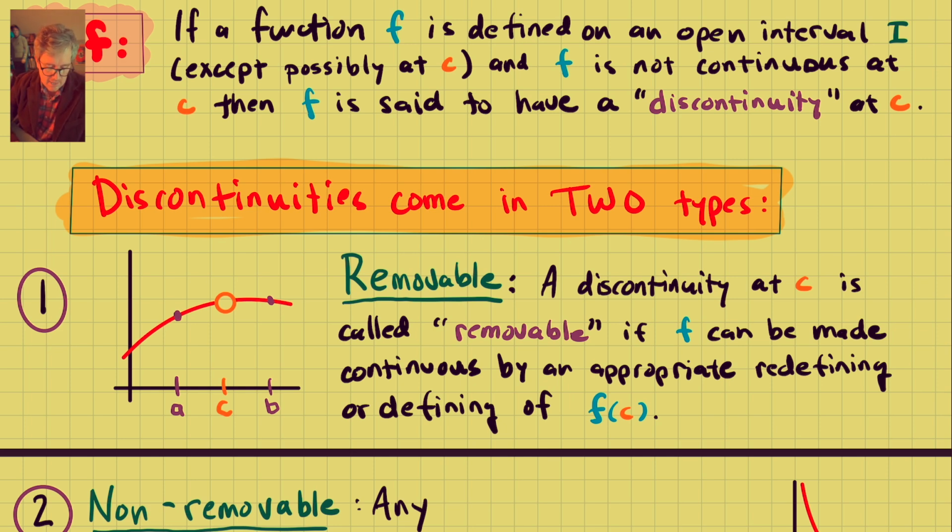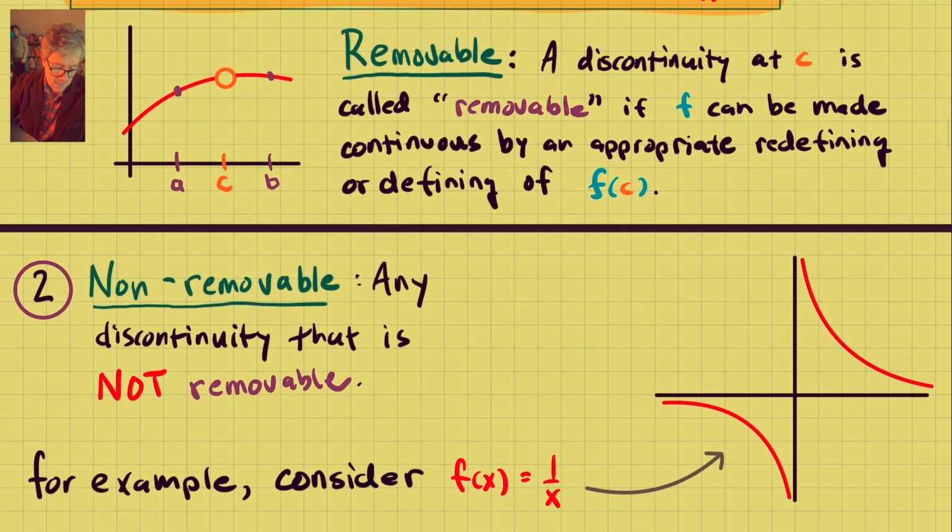That's the case for holes. So if I just create a piecewise function here and say the function is equal to whatever at c, then I've got a continuous function.